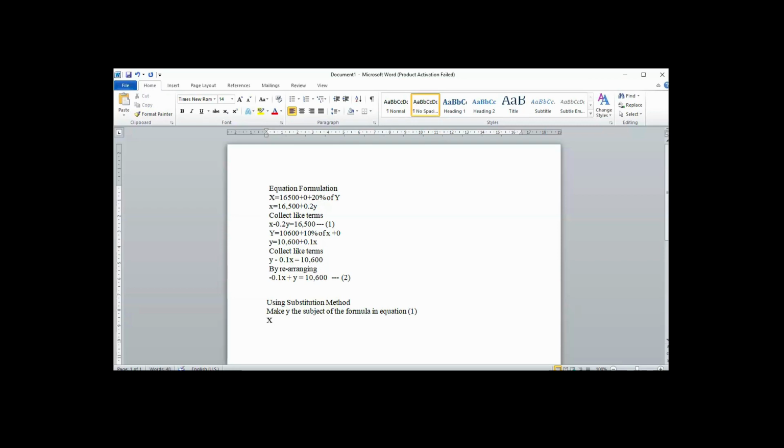Now, what is our equation 1? x minus 0.2y equals 16,500. Looking at it from there, I want to make y the subject of the formula.